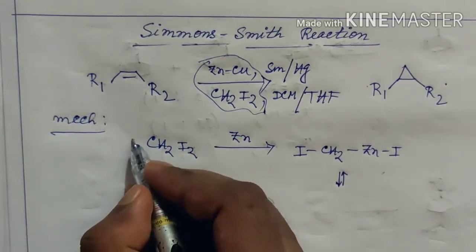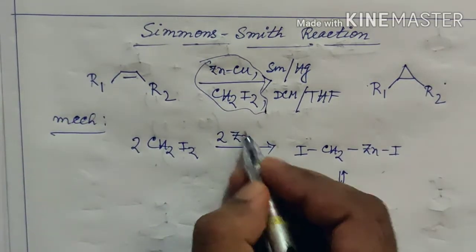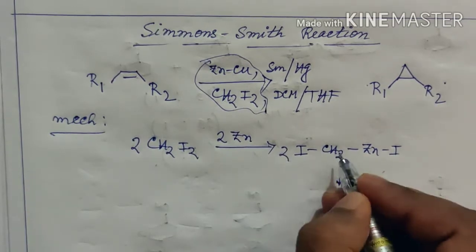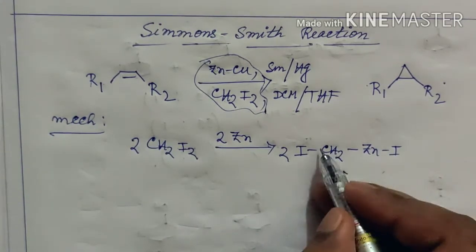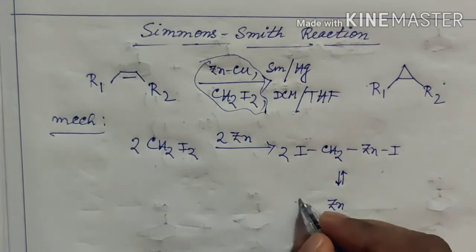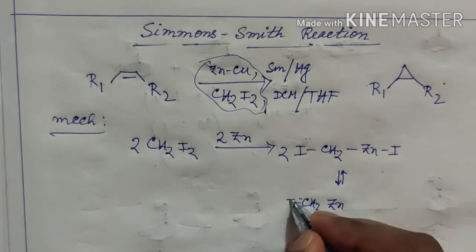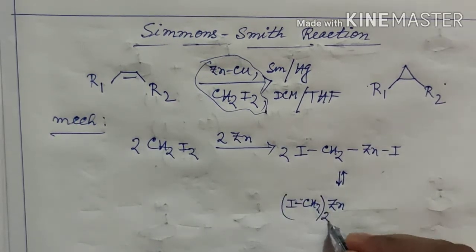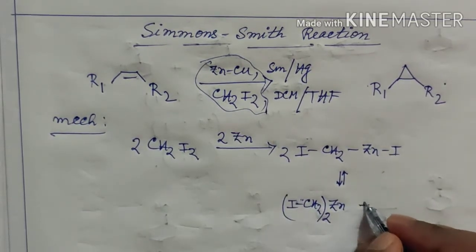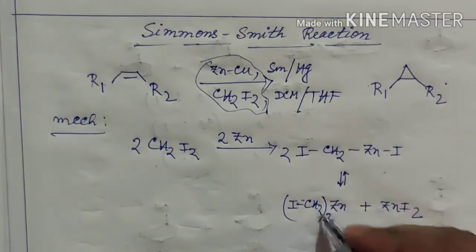Here two molecules of CH2I2 react with two zinc metal centers to form two species, and these two species are in equilibrium.